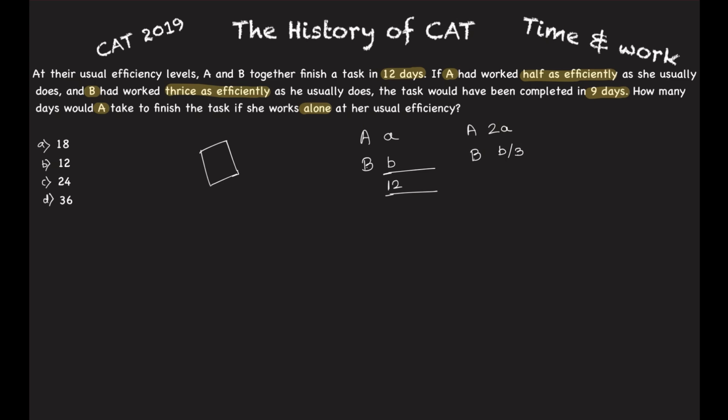Earlier you could put in 2 bricks in 1 day; now you can put in those 2 bricks in half a day, because your efficiency is increased. If efficiency is increased, the number of days is reduced, and if efficiency is reduced, the number of days is increased. That is what is happening with A and B.